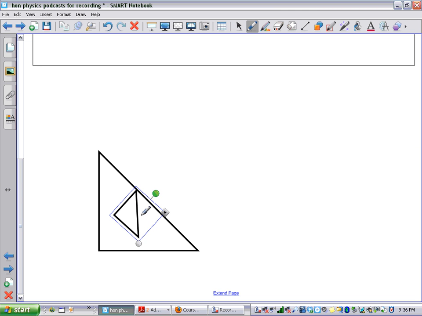So the hypotenuse of this triangle right here is the force of gravity. Here's my y component, and here's my x component. This angle, we said, was 31. We'll call it theta. Alright? Okay. Now, look at this triangle right here.